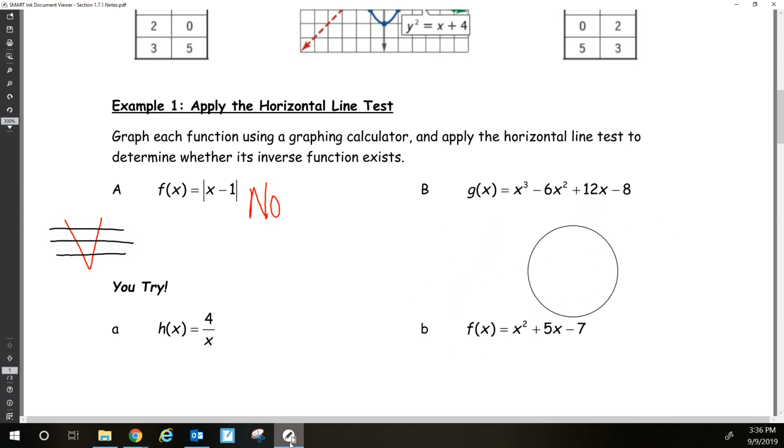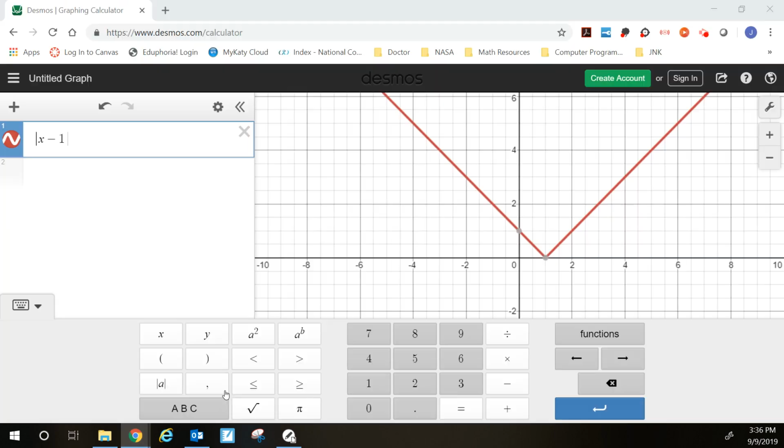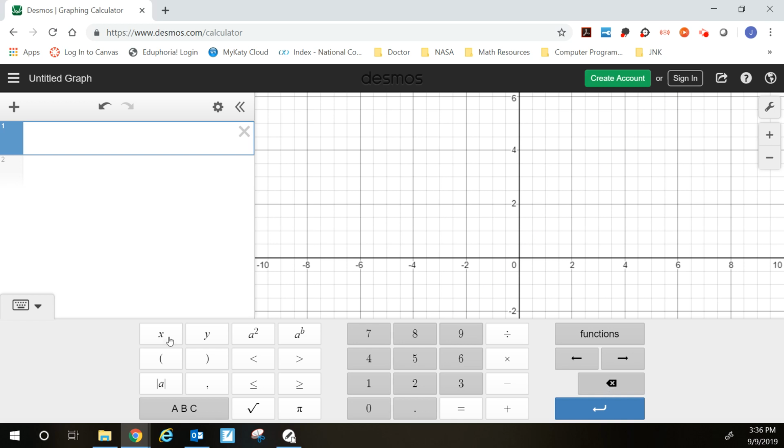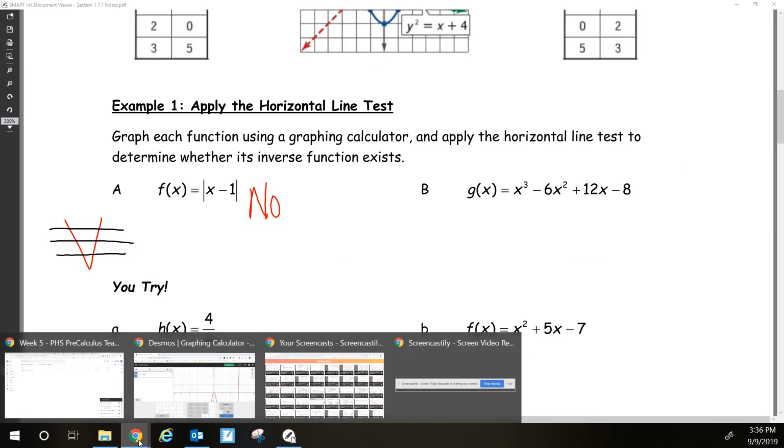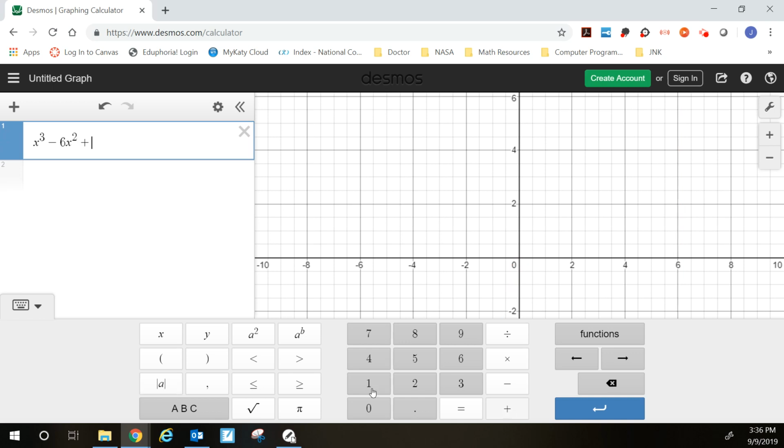So let's see what we have going on. We've got x cubed minus 6x squared, back over here to Desmos. I want x cubed minus 6x squared, and then plus 12x minus 8. Oops, got 2 minuses there. Minus 8.